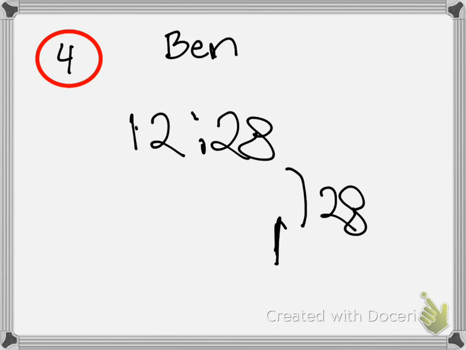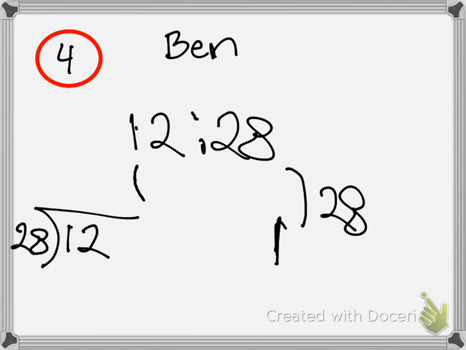Same to the other side. Then you have to divide 12 by 28. Then you have to add a 0 here, but we don't just add a 0. What do we add? A decimal. Excellent. So we put it up at the top.